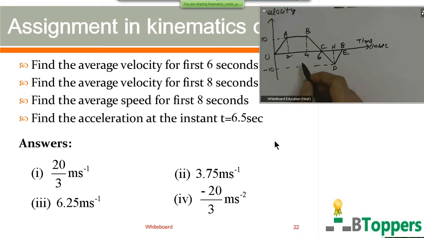So let N be the foot of the perpendicular drop from the point A on x-axis. M is the foot of the perpendicular drop from the point B on x-axis.